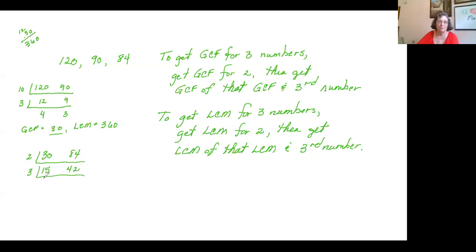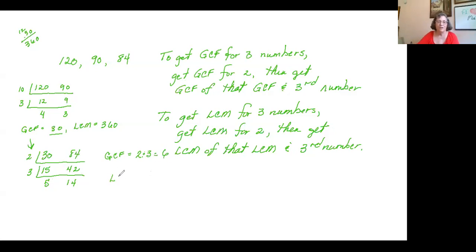And those will divide by 3, 5 and 14. No common factor here. So the greatest common factor of all 3 is the first column here. So it's 2 times 3, which is 6.